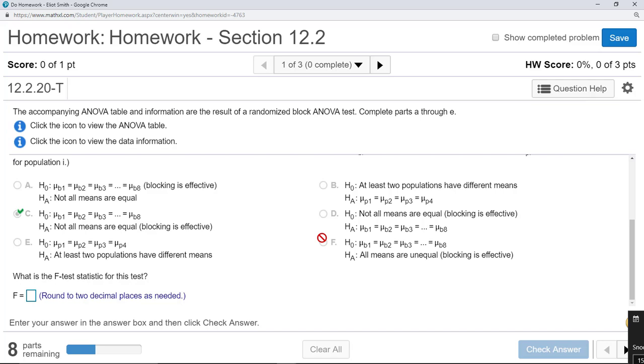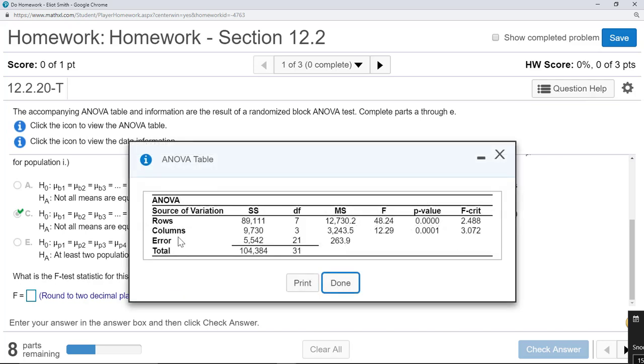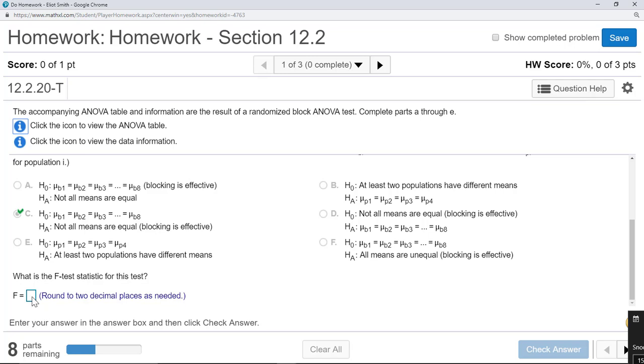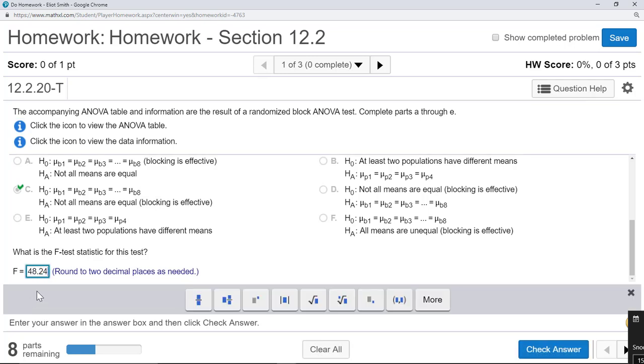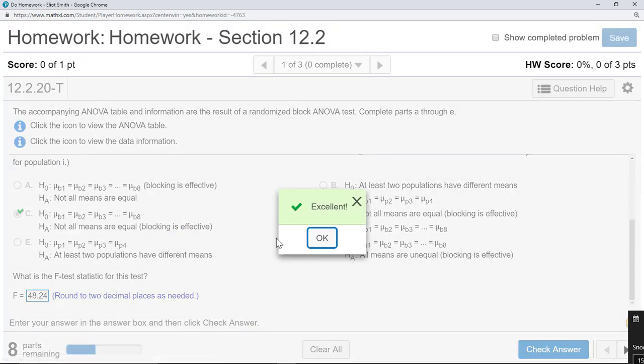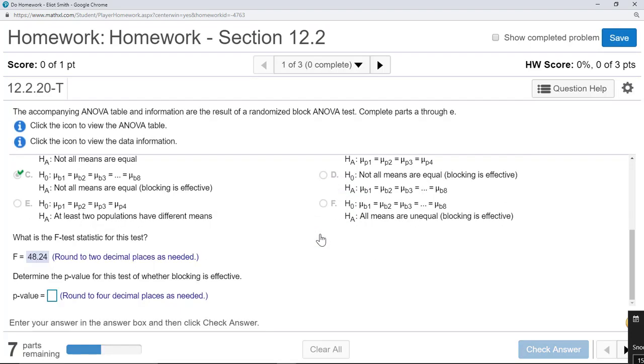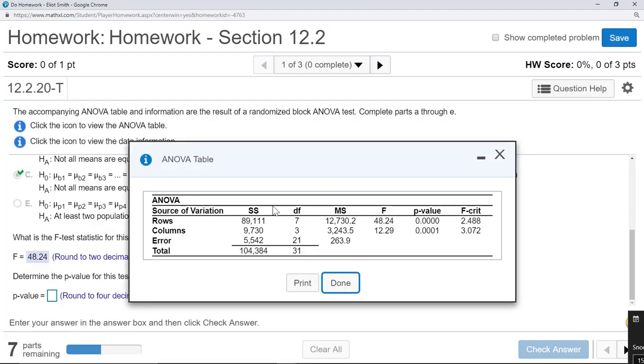All right. F test statistic for blocking. We're going to come across rows to the number 48.24. That would be, in my case, the F test statistic. P-value, again in the rows, p-value is 0.